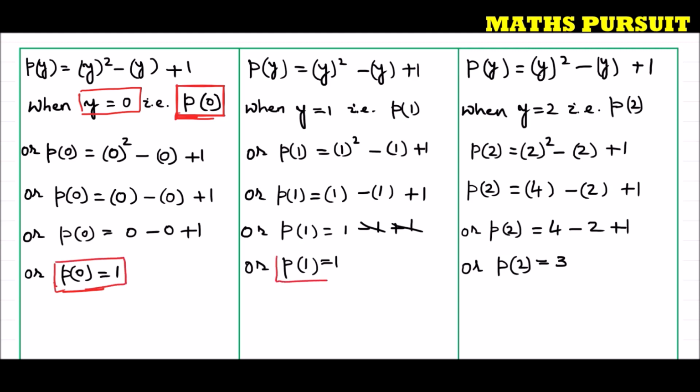For P(1) we got the value as 1, and for P(2) we got the value as 3. Hope guys you understood this. This is very simple and very straightforward, and you can solve this one quickly without wasting much time, within 2 or 3 minutes, or even 5 minutes is enough.